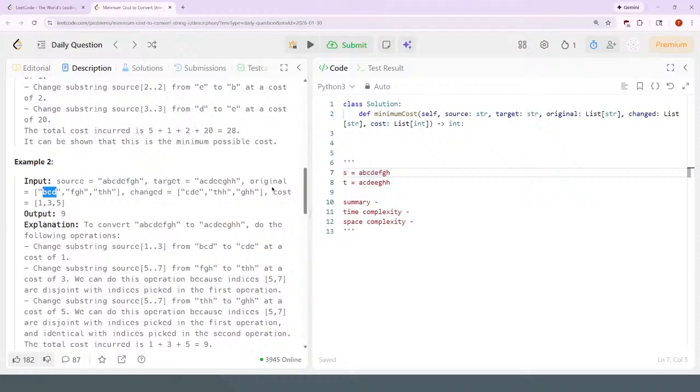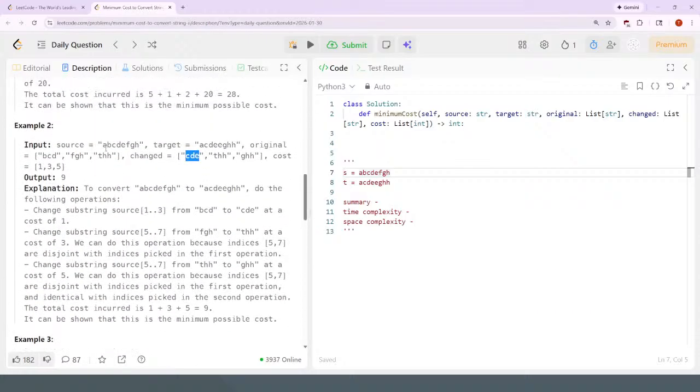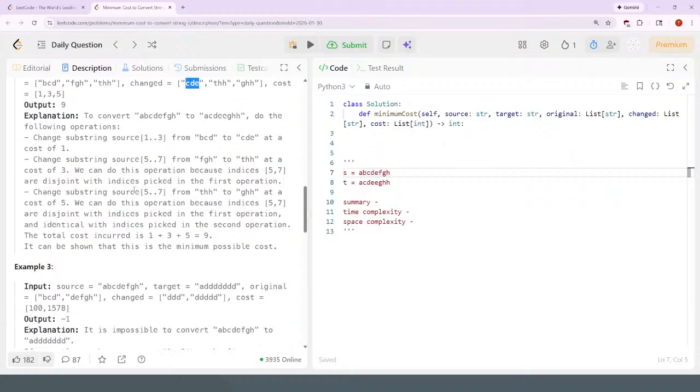So like for every original 3-letter string, I try to find the lowest cost to the change 3-letter string. That is kind of the only thing I can do.